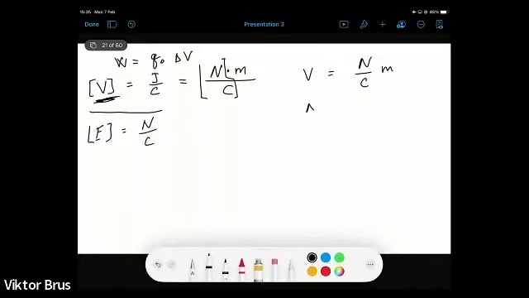So we can write that Newton per Coulomb is equal to potential divided by meter, and if they are equal, that can also be written for electric field. So we have potential per meter. Here we introduce for the first time these commonly used units for electric field, where we have potential per meter.